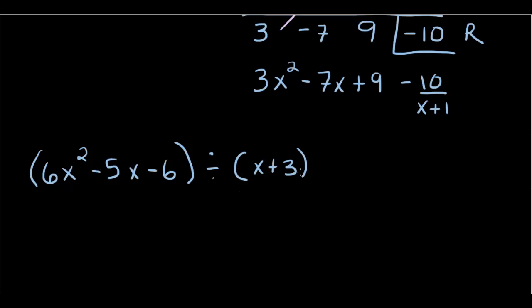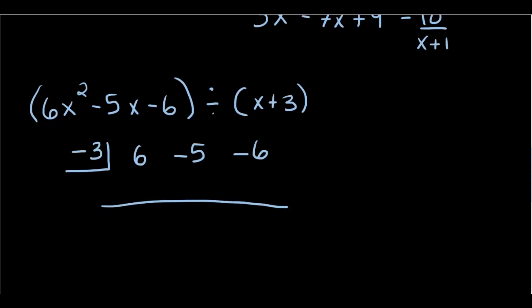Again, first I take the divisor and make it equal to 0, so x plus 3 equals 0. I'm going to solve for x, so x is -3. That goes inside this little box. Then I'm going to write the coefficients of every single term of the dividend. So it's going to be 6, -5, -6.